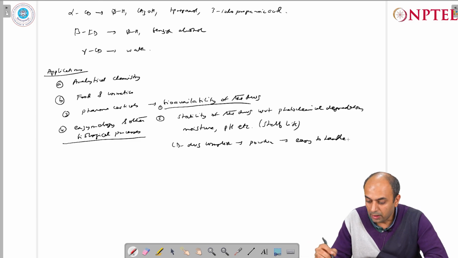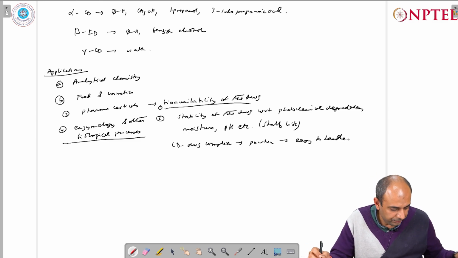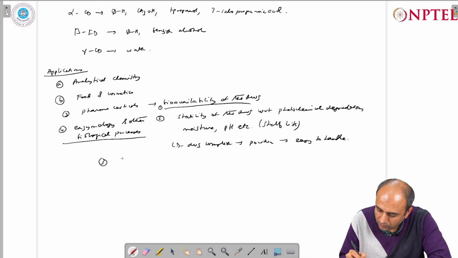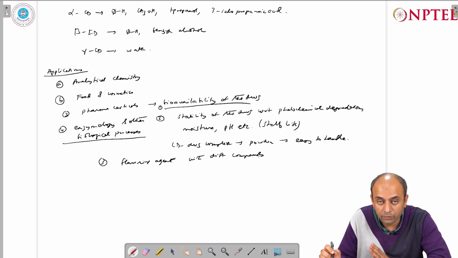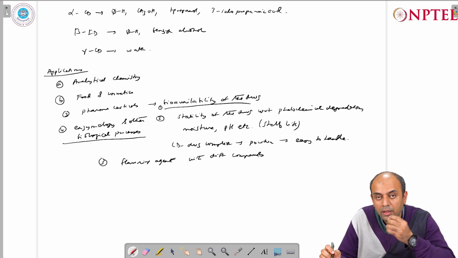Okay. The next thing is that it is added as a flavoring agent with different compounds. So, for example, in the food industry you are adding this flavoring agent.